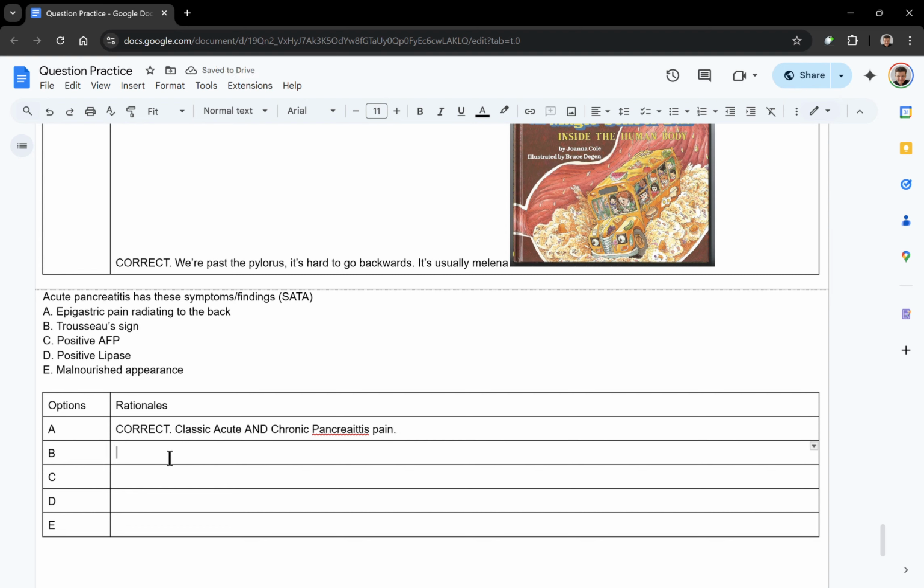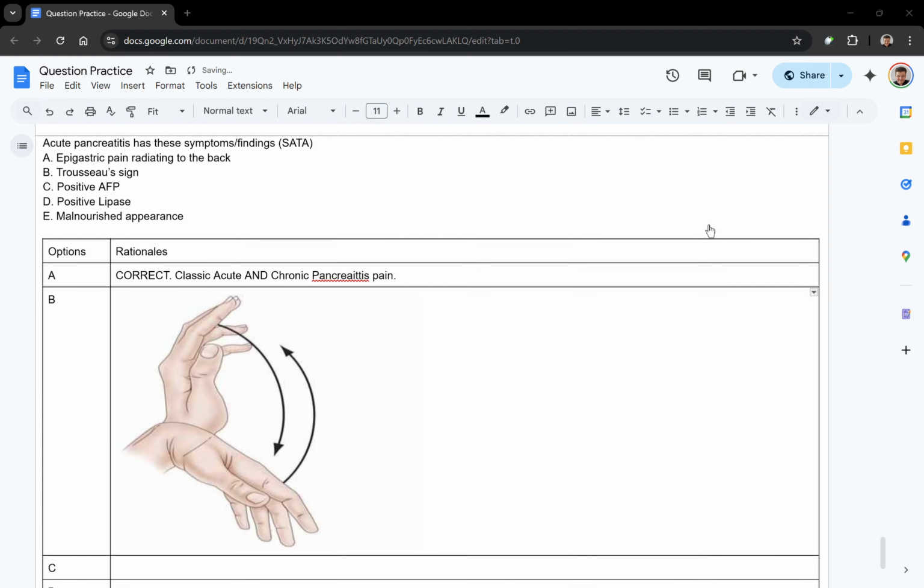And then Trousseau's. Is that them? Maybe that's asterixis. That one's asterixis. So we can get this one, and then we can have other hand stuff. Let's do Trousseau's. Why is that Trousseau?